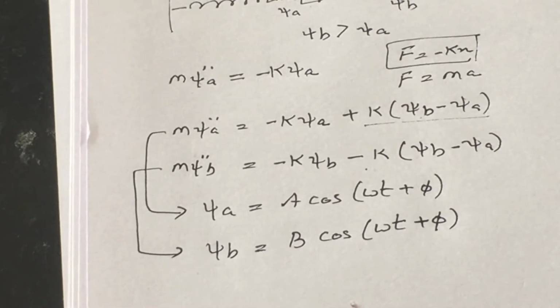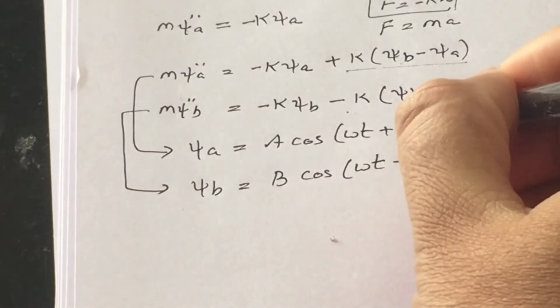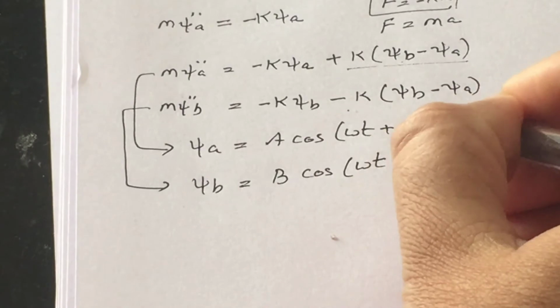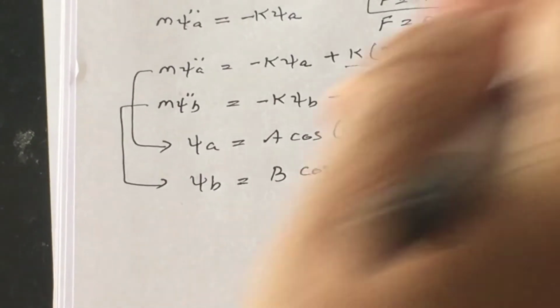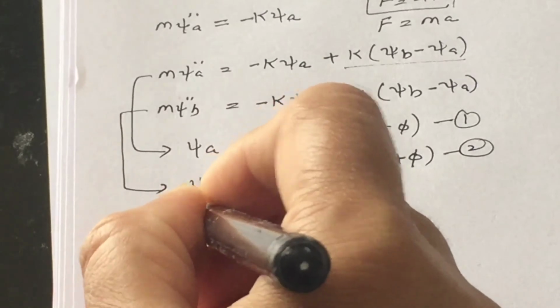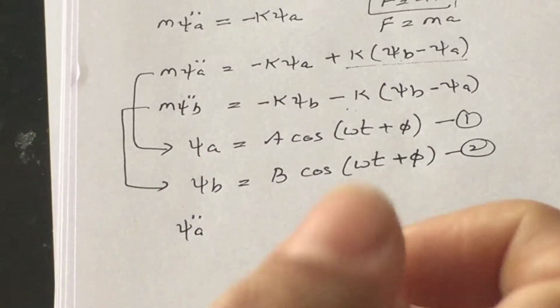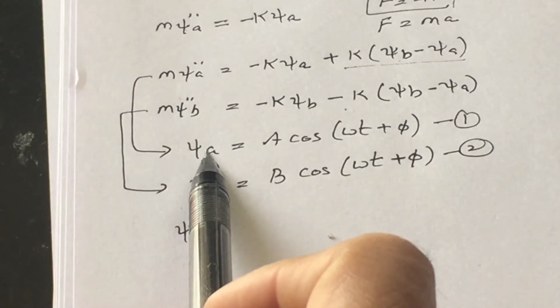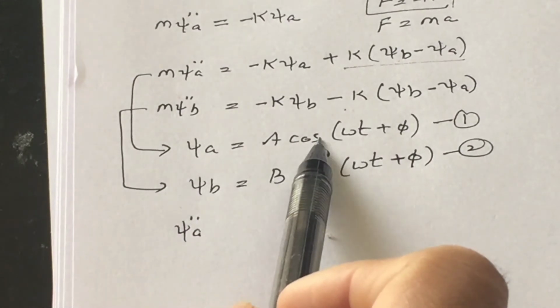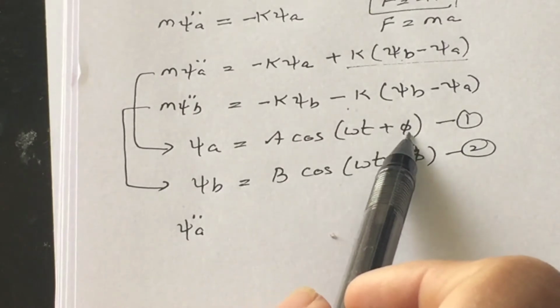In both the cases, it is very easy to solve. So using equation 1 and equation 2, we can find out the value of psi a double dot, that is acceleration. How will you find out acceleration? Just differentiate with respect to time. You will get minus a omega sine omega t plus phi.